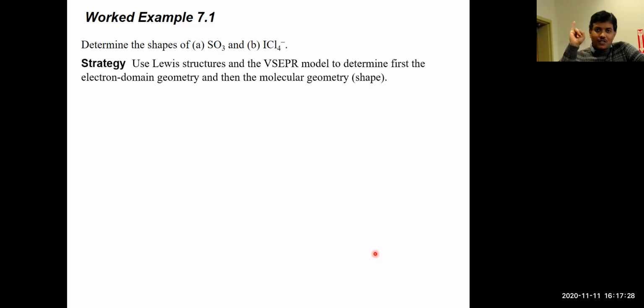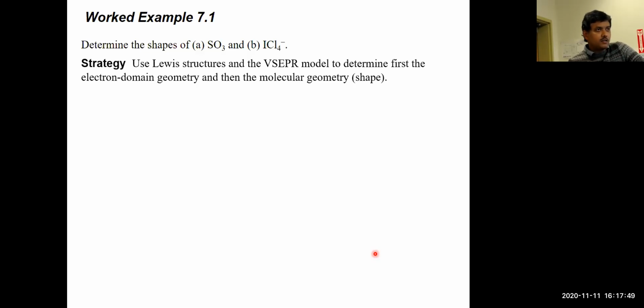First, draw the correct Lewis structure, then identify all different types of electron domains, and then predict the electron domain geometry and see if the molecular geometry is different or the same by checking the lone pairs. If it is different, predict the molecular geometry as well. All right, so that's going to be our plan.